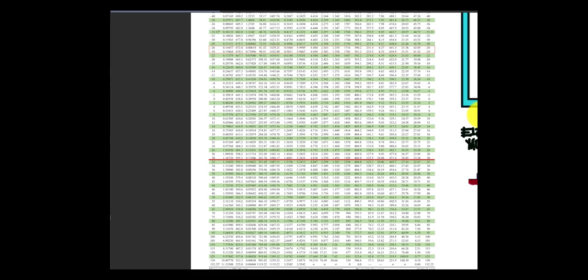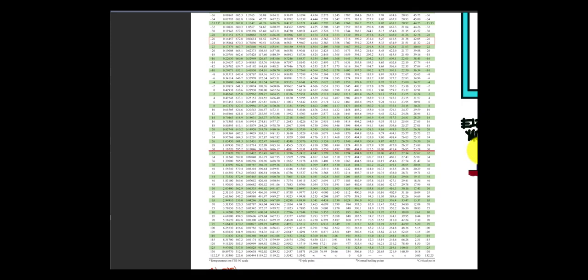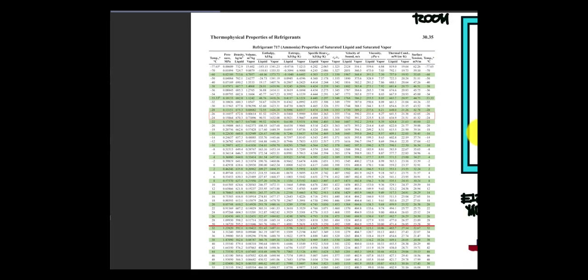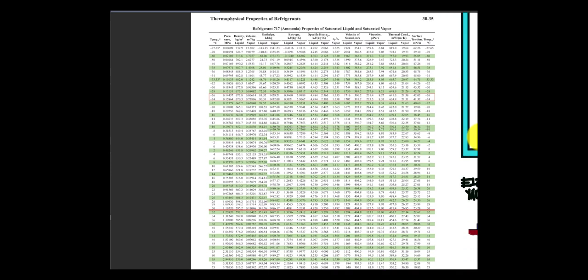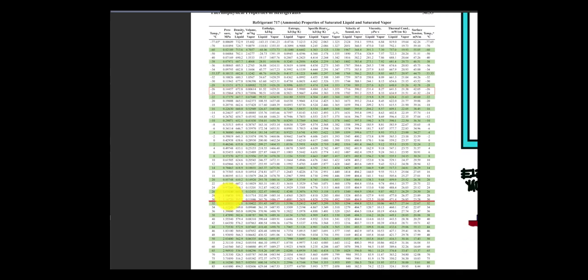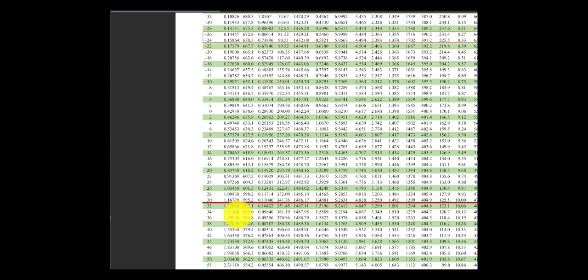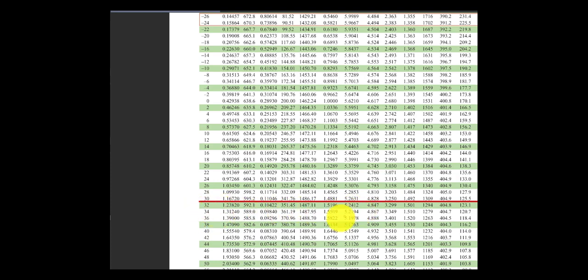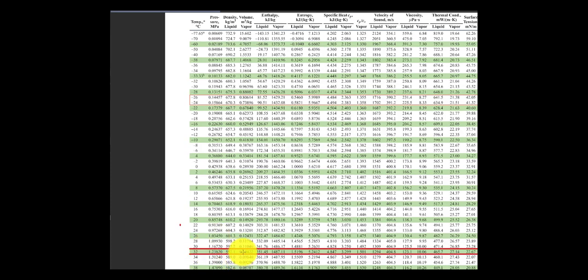So going to the properties in our table, in the table of thermophysical properties of refrigerant ammonia, for 32 degrees Celsius it falls here. Now at 32 we have the hf enthalpy in kilojoule per kilogram.